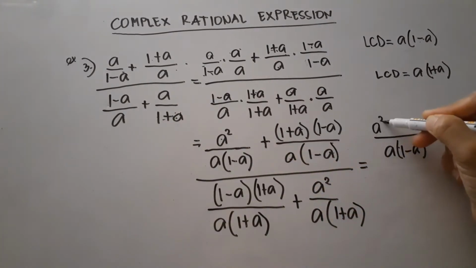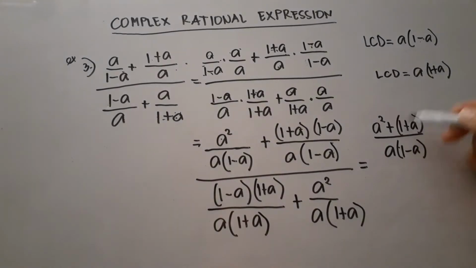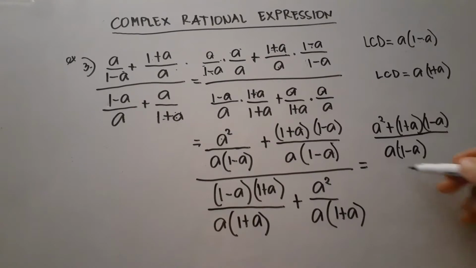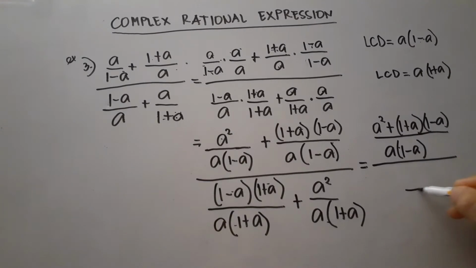We can copy this one, positive 1 positive a quantity, this one, and quantity 1 negative a over 1 negative a, 1 positive a.